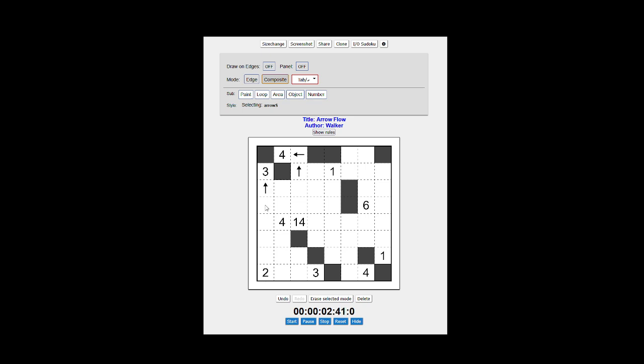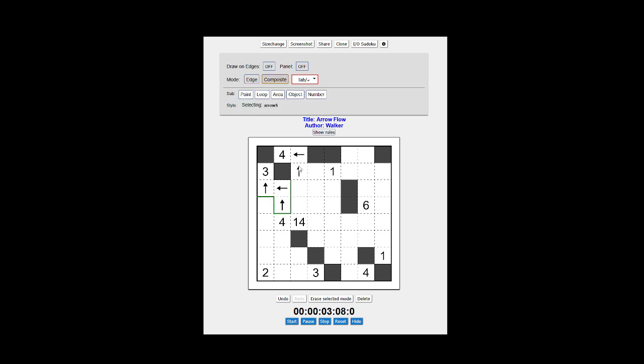Now you might say this cell here can point into that. There are 2 ways, but no, these are 2 of the same arrows being adjacent. We can't have that. The only cell that can point into this arrow is this one, and the only cell that can point into this arrow is this one. And now we have 3 arrows pointing into the 3, so we can finish off this region.